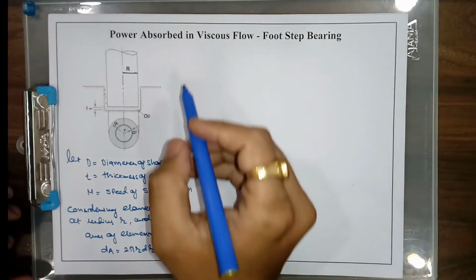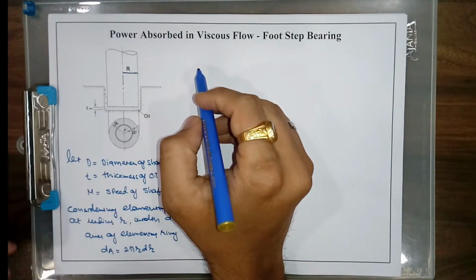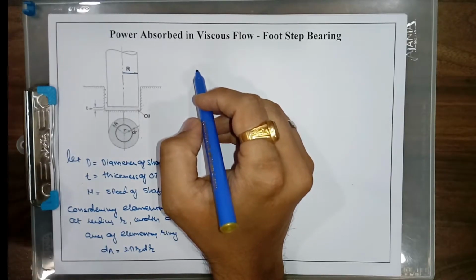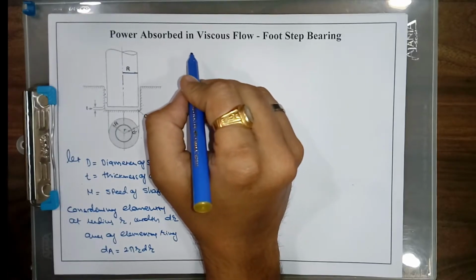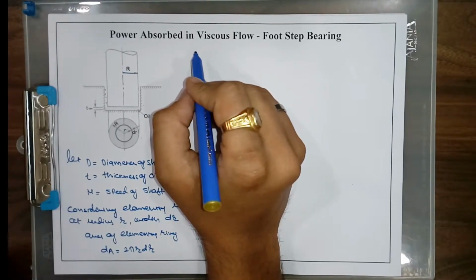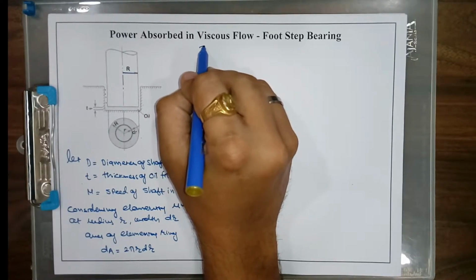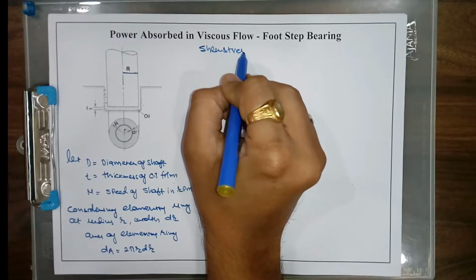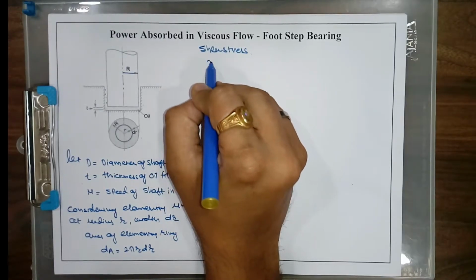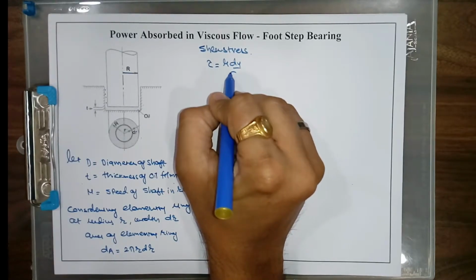Now students, we know Newton's law of viscosity, using which we can calculate the shear stress acting between the shaft and bearing. So shear stress tau equals mu du by dy.